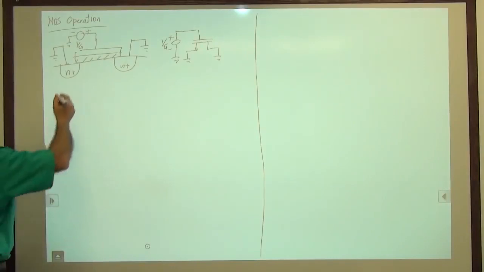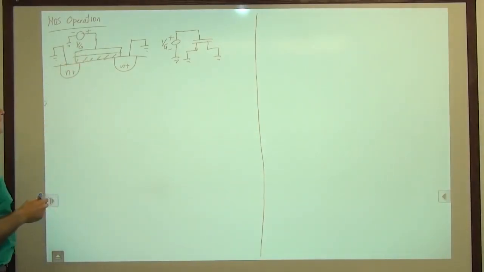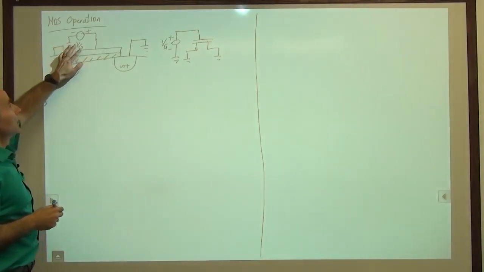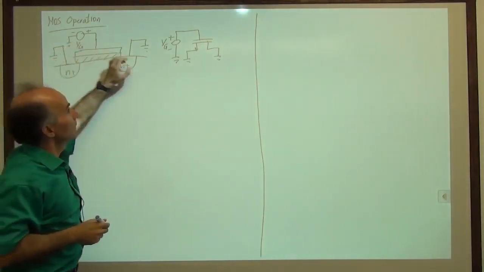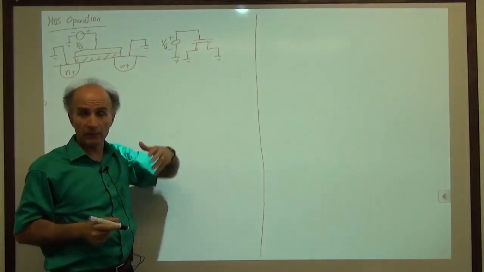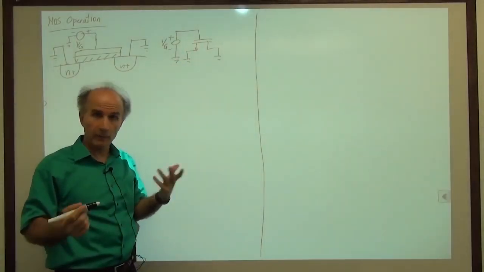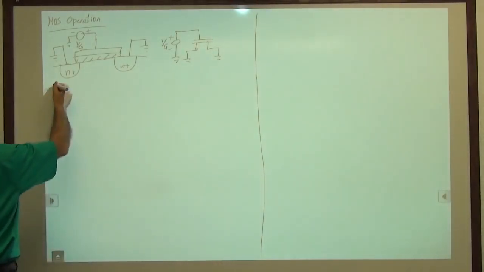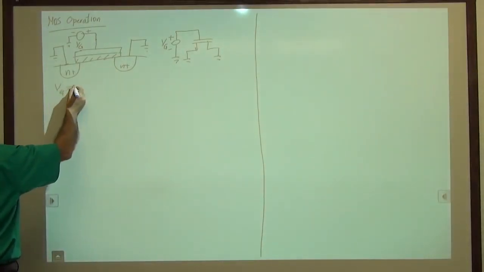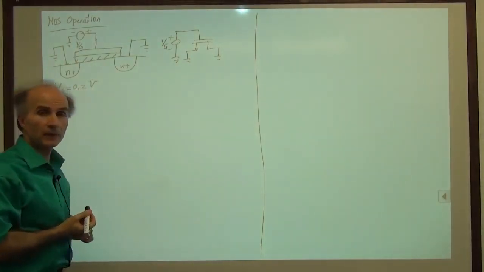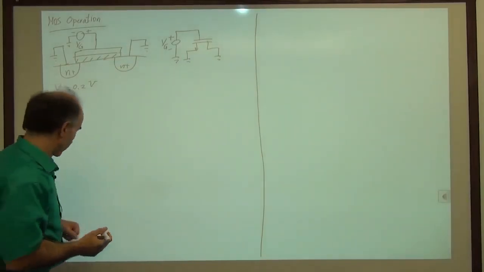Okay, all right, well, let's start with choosing this VG slightly positive. So we make this gate more positive than all of these by some amount, maybe 0.2 volts, maybe 0.3 volts, something along those lines. So VG equals 0.2 volts. Okay, so what exactly happens?